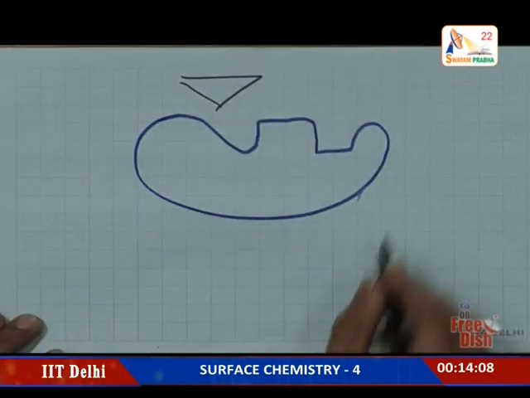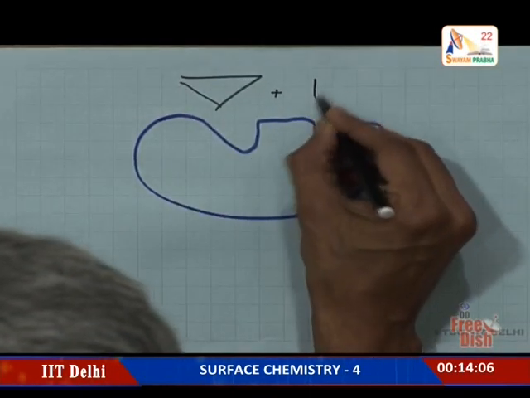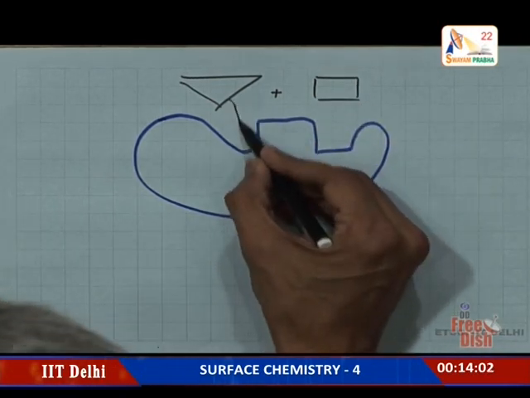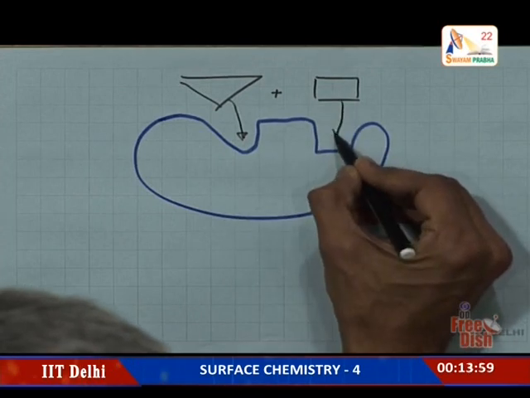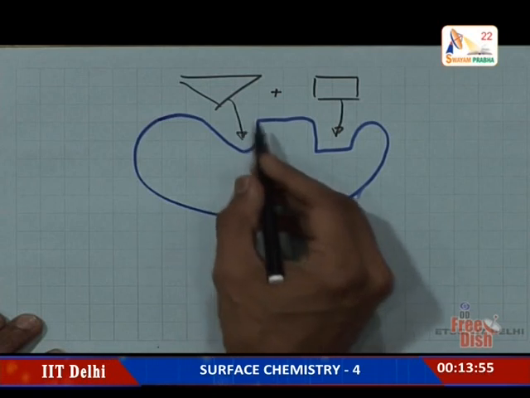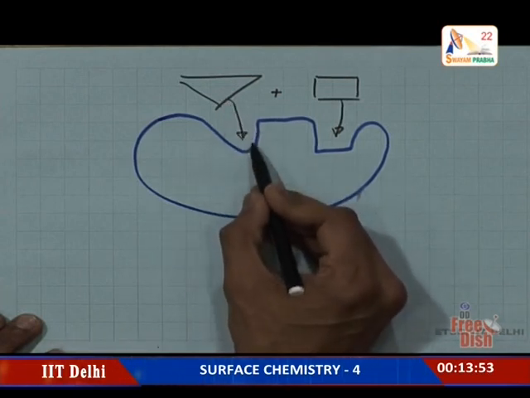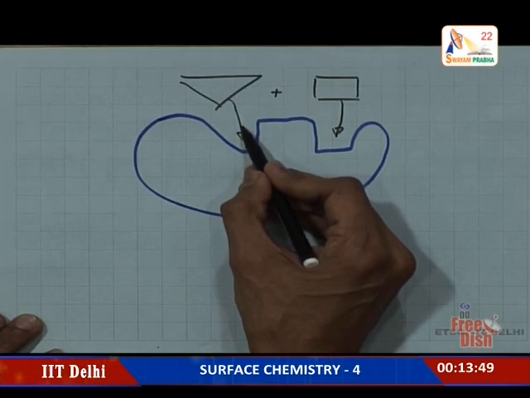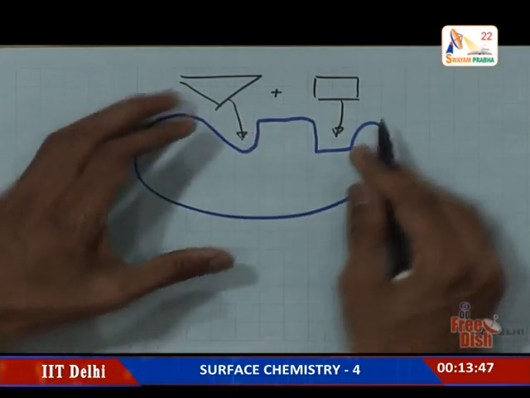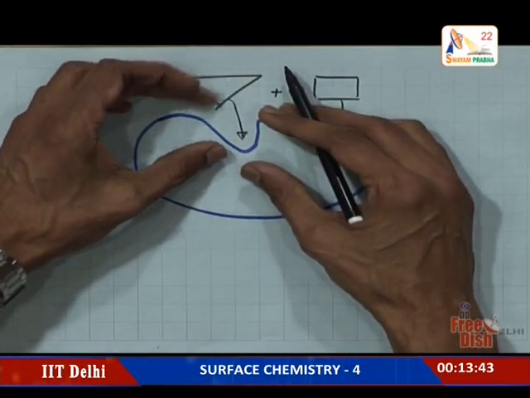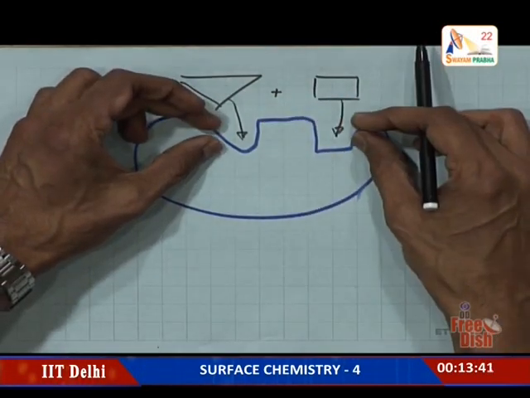a molecule like this reacting with a molecule like this. What happens is these two molecules will come and bind to the enzyme. When they bind, what happens initially is that the binding is not very good. But the moment there is some amount of binding, the enzyme will twist in such a way that it will enhance the binding between these two.